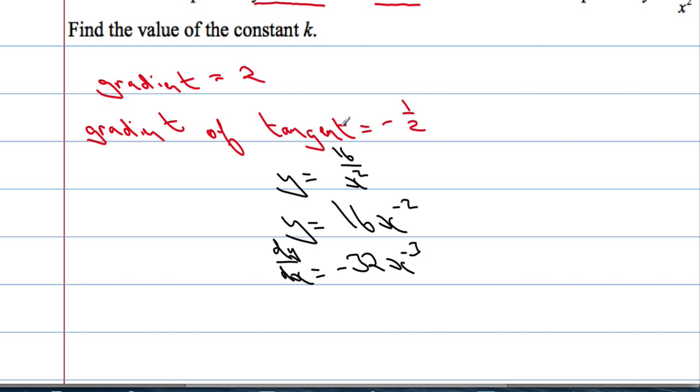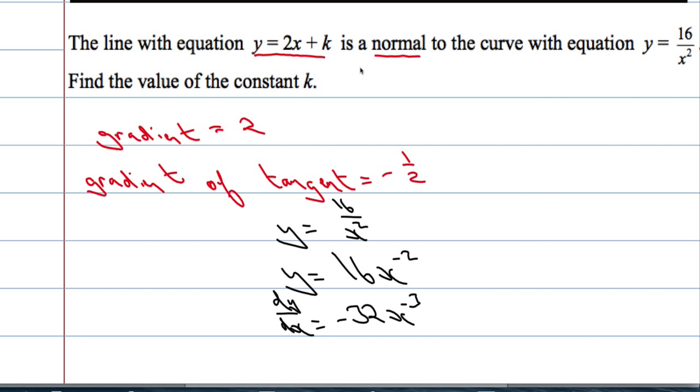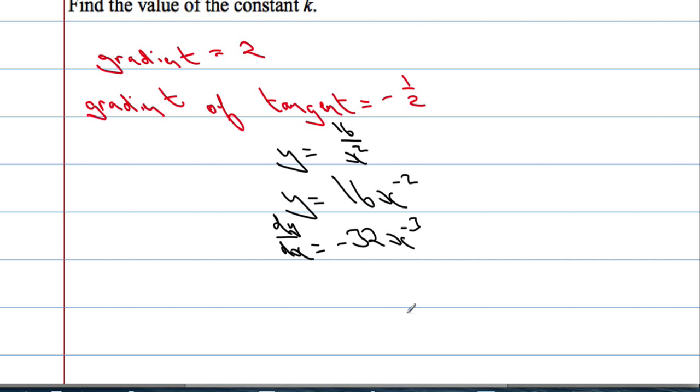So the gradient of the tangent where it meets this particular line is negative 32 x to the negative 3. Let's see if we can work out what this point is. So negative 32 x to the negative 3 will equal negative 1/2 where this normal is.